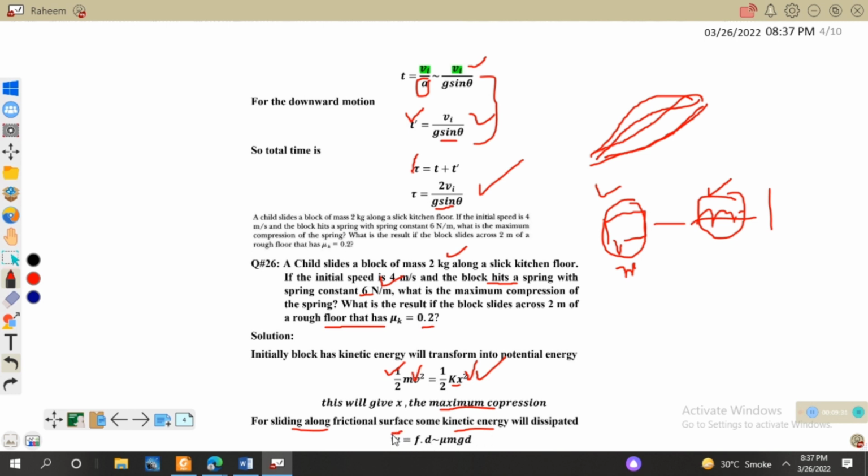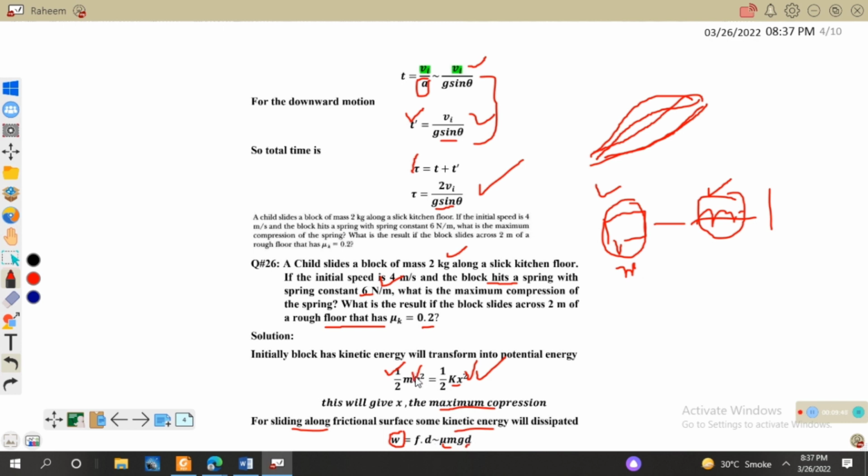So the work done against this frictional force will be F dot D, because it is covering a distance, for example distance D. F is mu n, and n is mg, where mu is the coefficient of friction, so the work is mu mgd. This work will be utilized to overcome the friction.